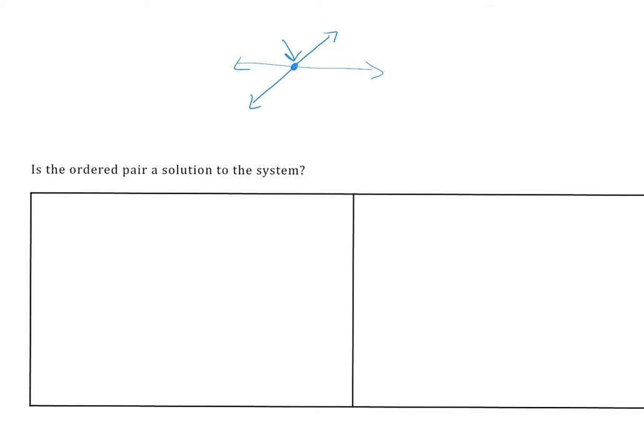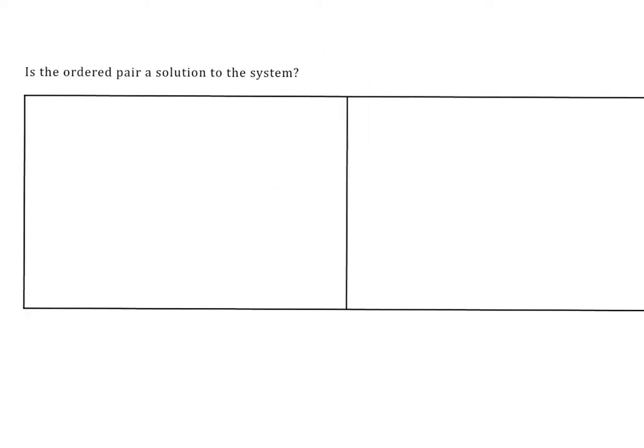But first, I'm just going to give you an example of a system and a solution, and you're going to be able to just state, yes, that is a solution, or no, that is not a solution. The first example here is a linear system: 2x minus 5y equals 11.